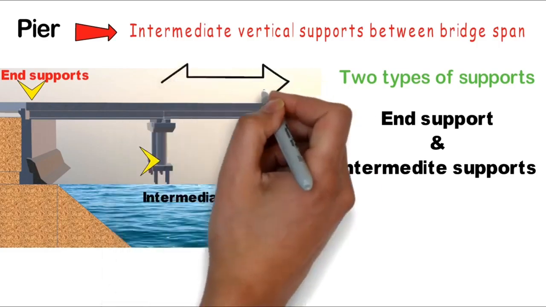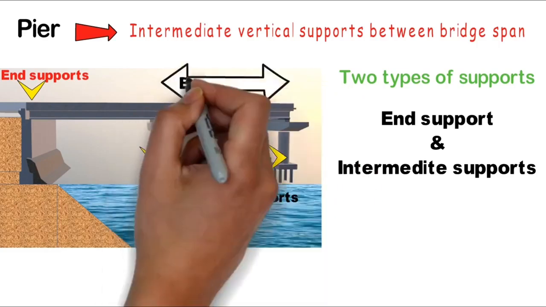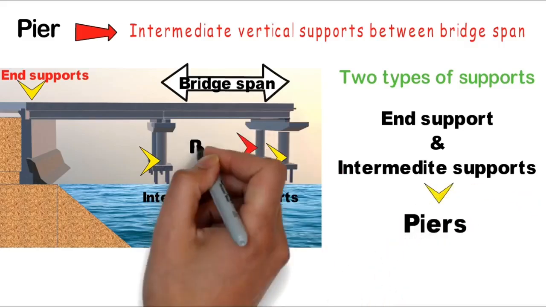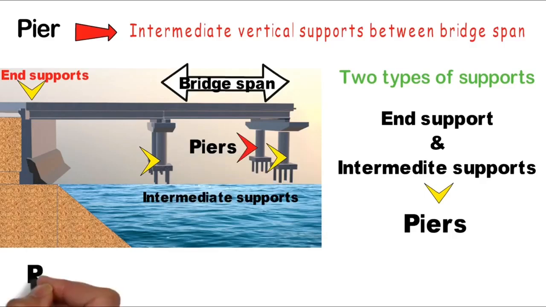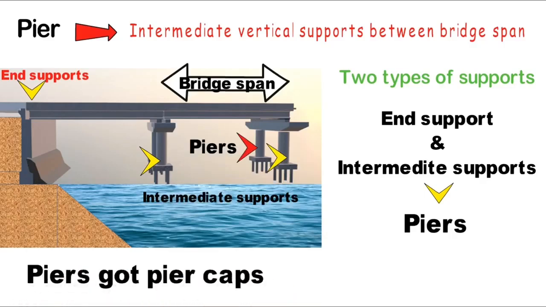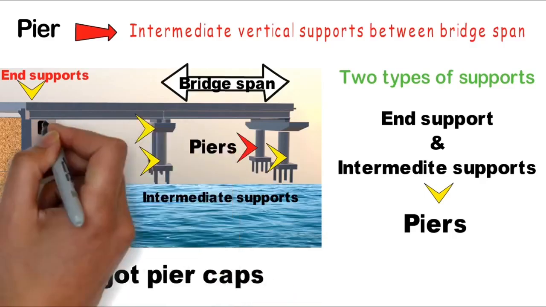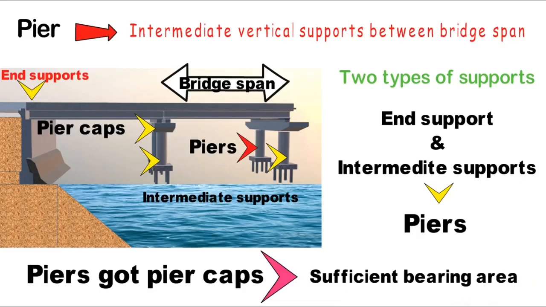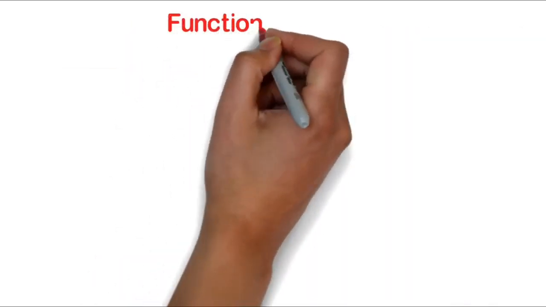The end support is called the approach or abutment, and the intermediate supports are called piers. That's the difference. Piers have pier caps. The head of the pier is called the pier cap, and piers will be accompanied by a pier cap. They give sufficient bearing area for the deck components.